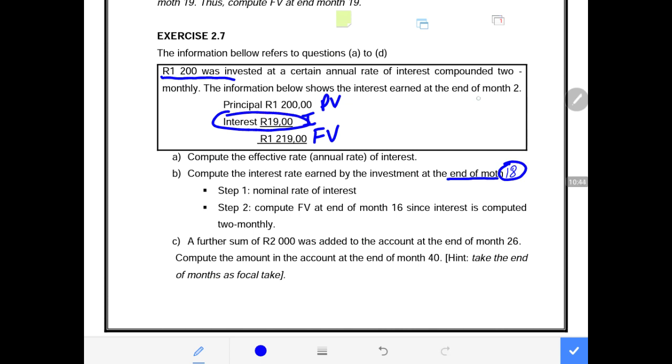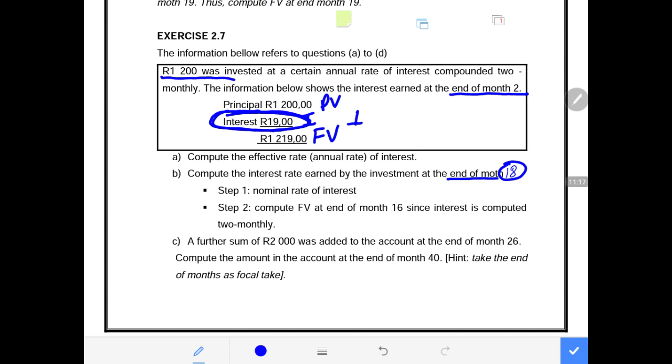The interest is earned at the end of month 2. Remember, 2 months is one period of compound, because after 2 months we add interest. So how many times have we earned interest of 19 rand? It was only compounded once, meaning we only earned interest once. Only for the first 2 months of the investment we got 19 rand.